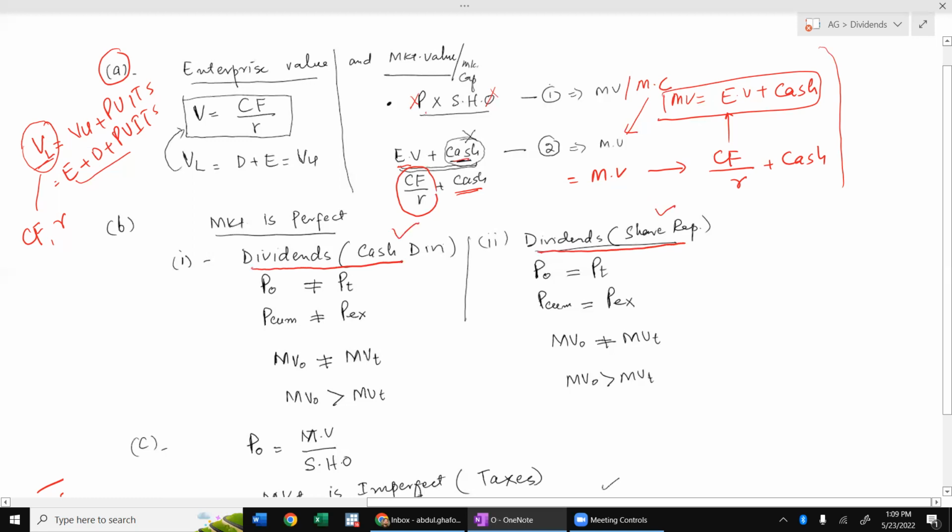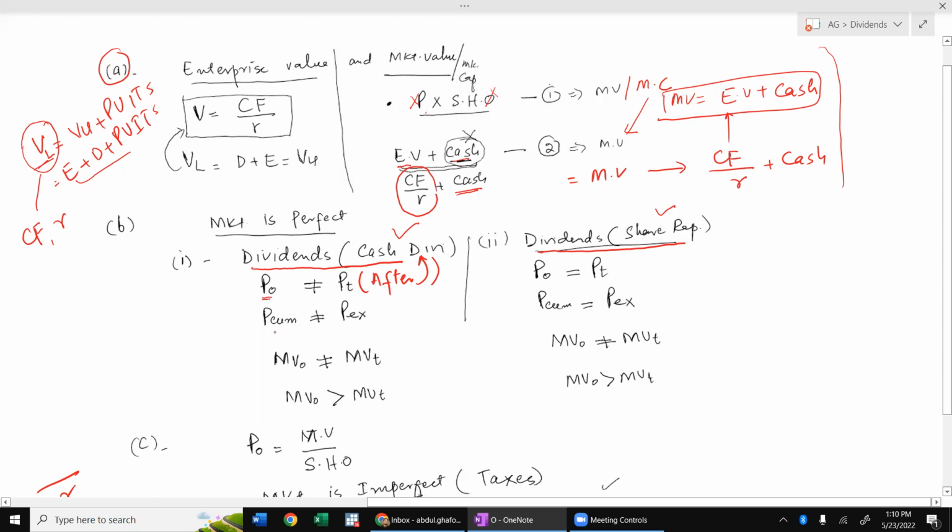When it is a cash dividend, the current market price, meaning the price today, is not equal to the price after the dividend is paid. P_T means the price after the cash dividend is paid.